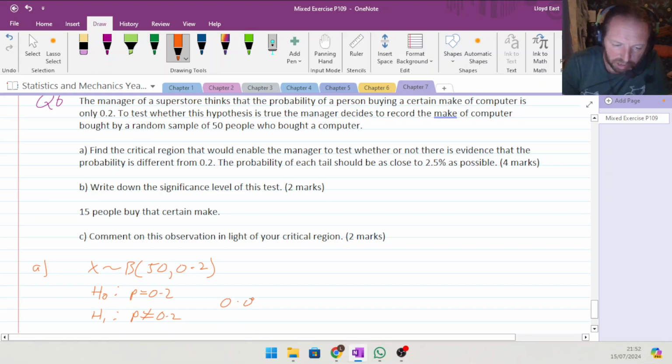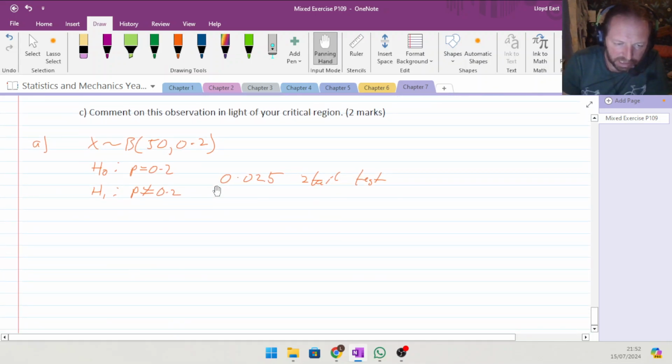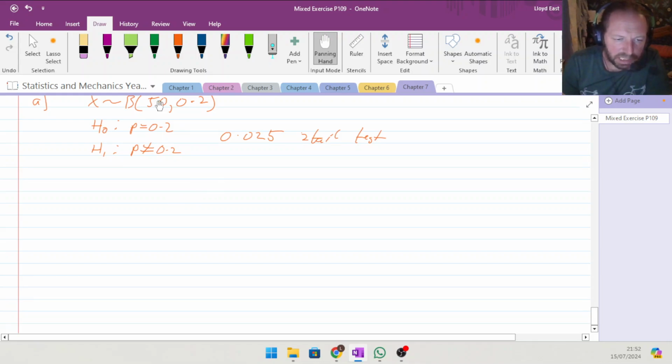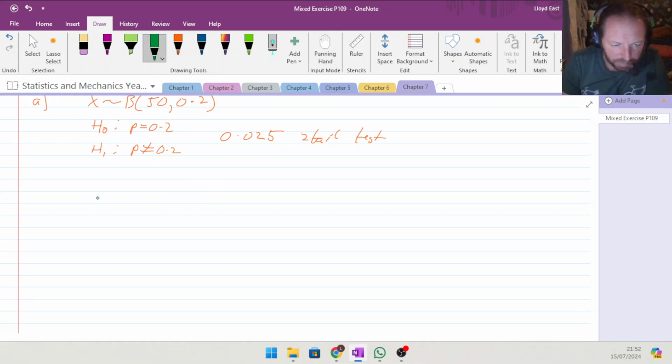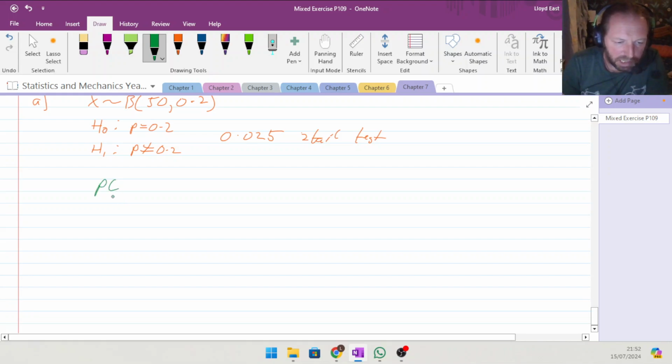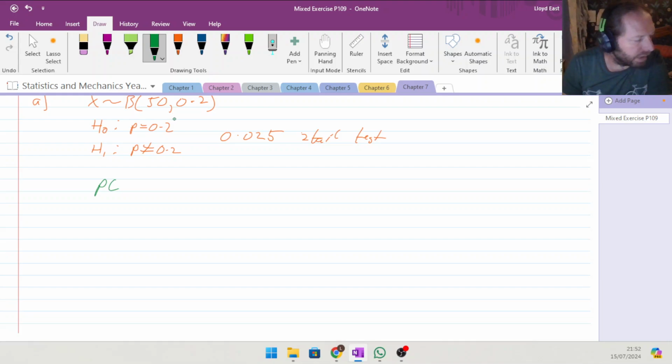So 0.025 in a two-tail test. Okay, so we need to find the gap between these. Let's start with the lower portion of it. I'm going to look at 20% of people buying it. If we had 5 people buying it, that's 10%.